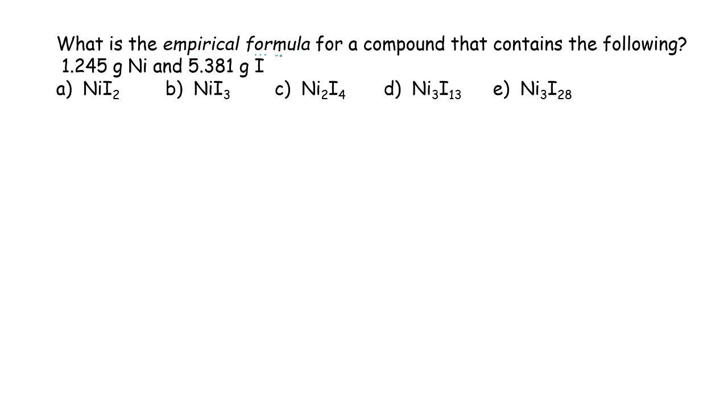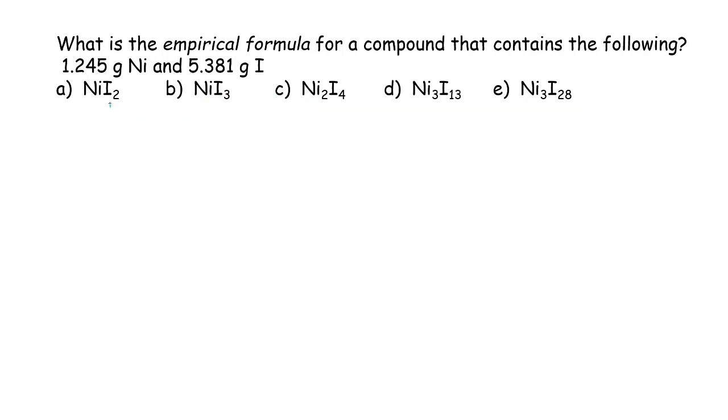So the empirical formula, if you look at those subscripts here for those choices, the definition for empirical formula is that those subscripts have to be in the smallest whole number ratio.